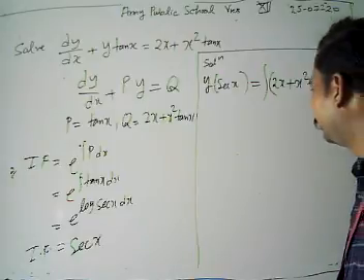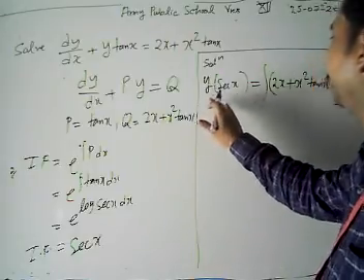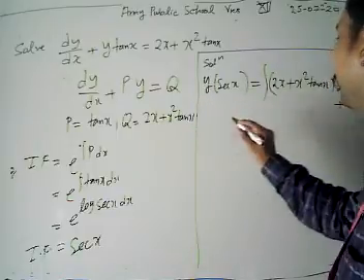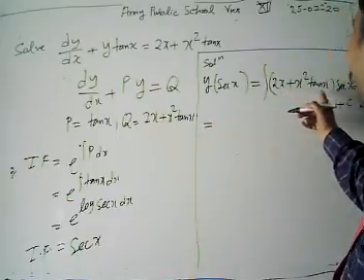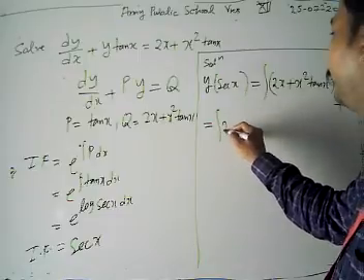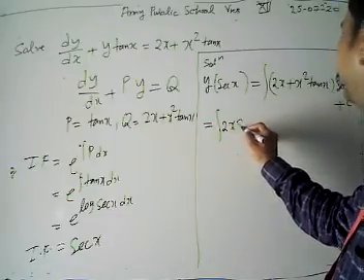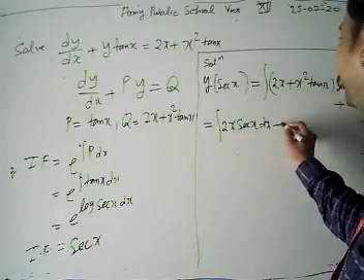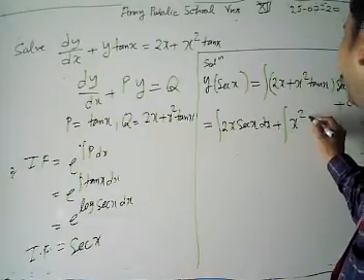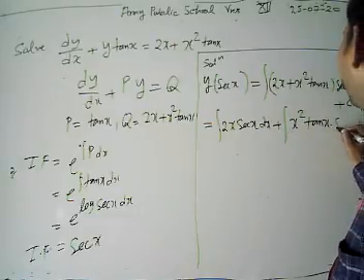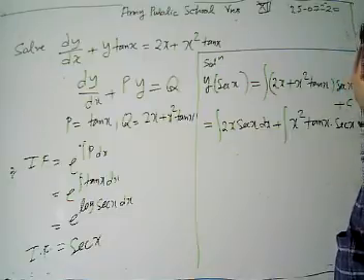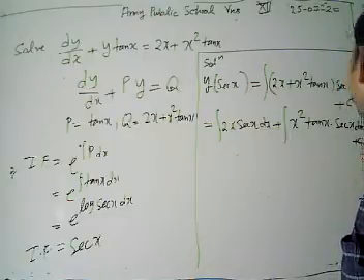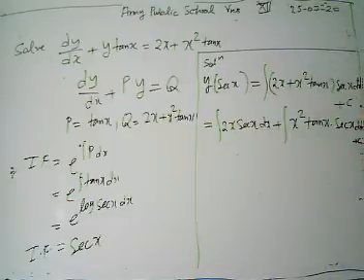Now we are going to solve the right hand side portion: integration of 2x sec x dx plus integration of x square tan x into sec x dx, plus c.